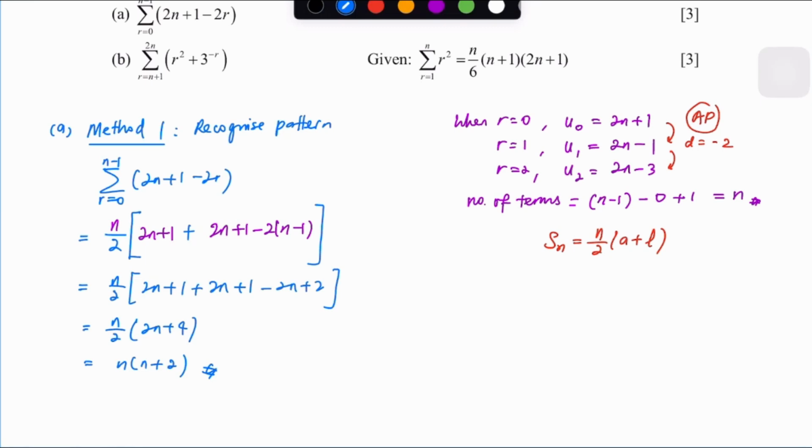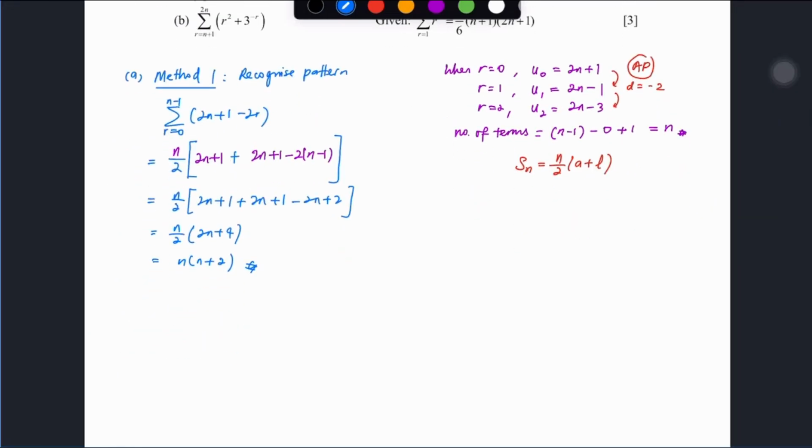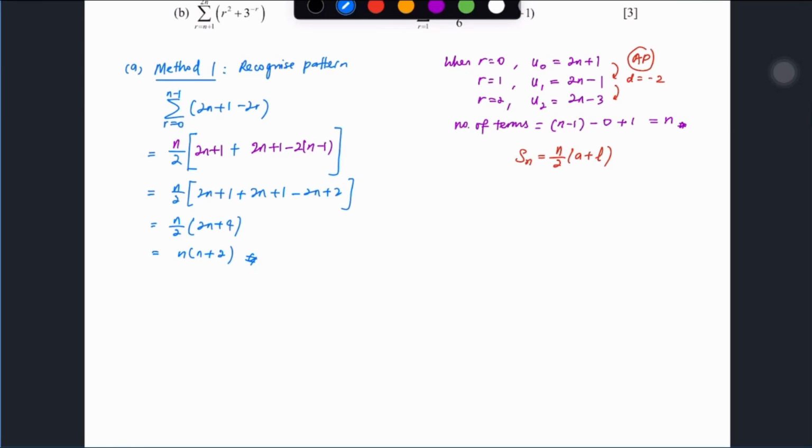I'm going to teach you the other method, and I'll let you compare and see. Okay, so method 2. What we're going to do here is expand the summation, which is something that I've covered in the summary lecture.